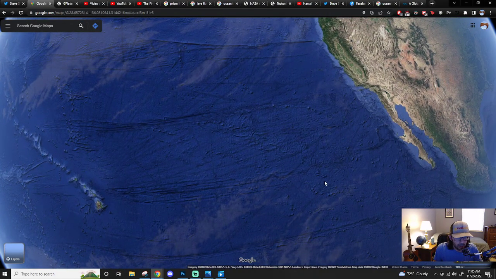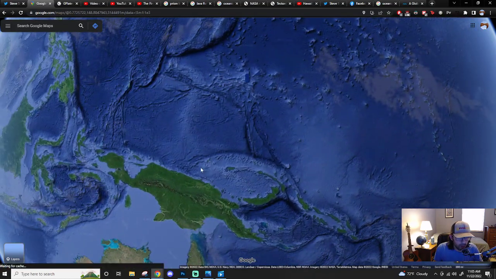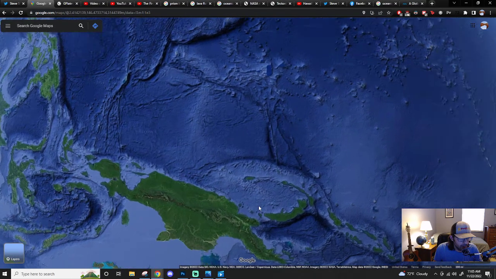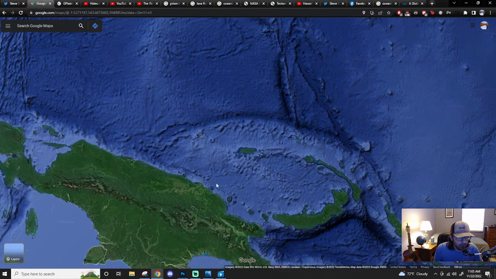So Hawaii was forming in this region. The nova here was definitely related to Hawaii.